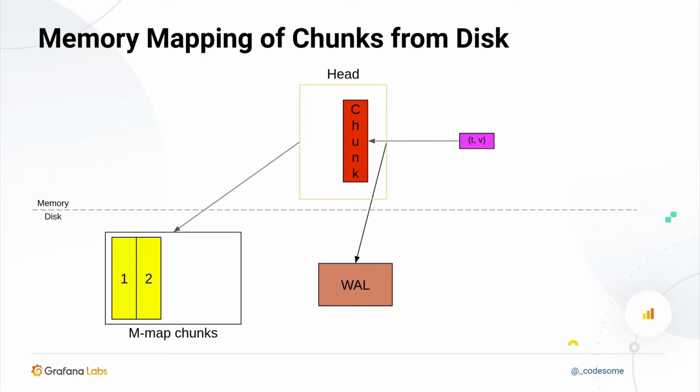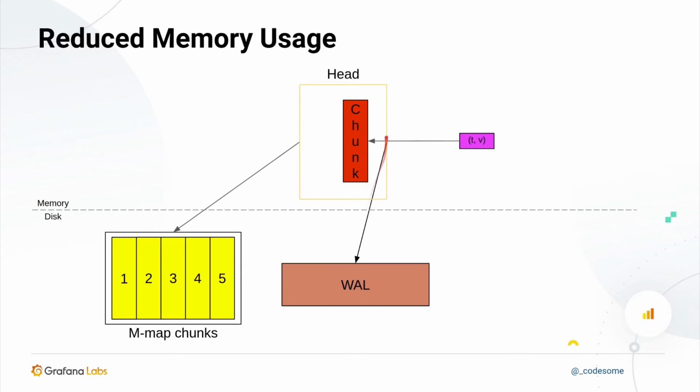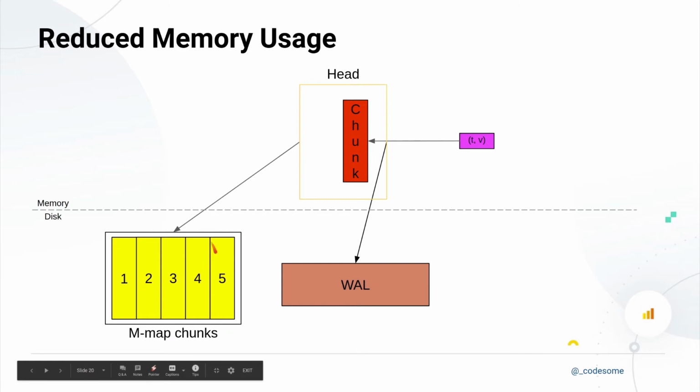So similarly, we have one chunk, two chunks, and all the 5 chunks memory mapped to the disk. When the compaction happens, the chunks are taken from here, and the truncation doesn't happen immediately here. I'm not going deep about how the memory mapped chunks are truncated because it's not much relevant for this talk, but yep, that's how we are saving memory.